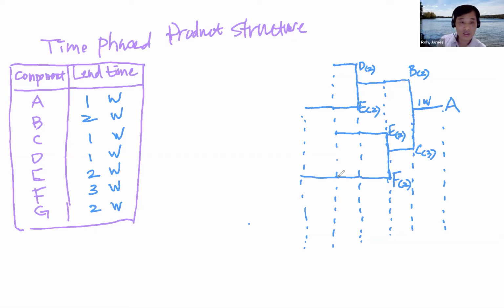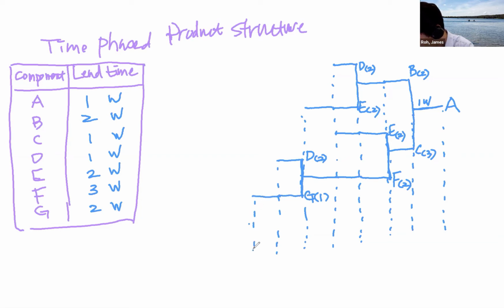We learned that F has now D and G. So we have to draw another line over here and say this is D, 2 units of that, and G, how many units? 1 amp master booster. So G is 1, and D takes 1 week, and G takes 2 weeks, 1 and 2, right?